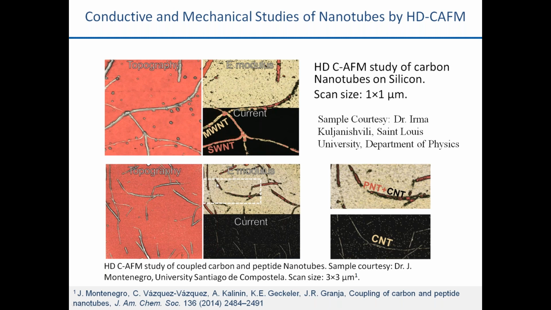From these images we see that not all of these nanotubes are, first of all, conductive, and second, not all of these nanotubes have peptides deposited on them.